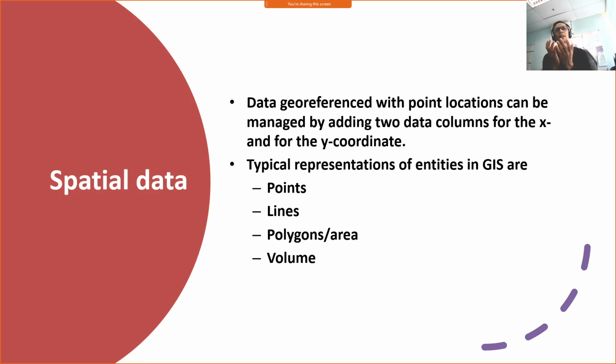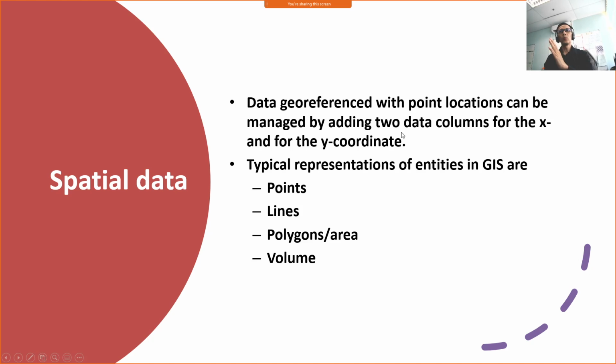Okay, when we talk about spatial data, in this data there is geo-reference. It means that you got a reference point, and the reference point is basically geo-coded. Geo-coded means that it has point locations. So how do we do this?